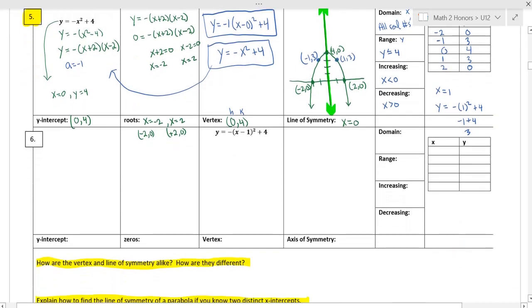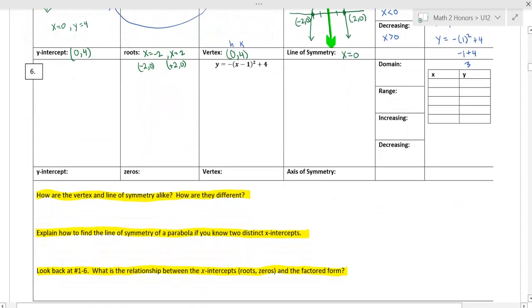Again, on this page, notice there's 3 questions at the bottom. Those questions need to be answered. They're part of your homework. So hopefully you answered this. How are the vertex and the line of symmetry alike, and how are they different? So how are they alike? They have the same x value.